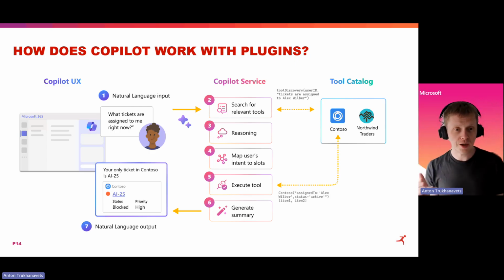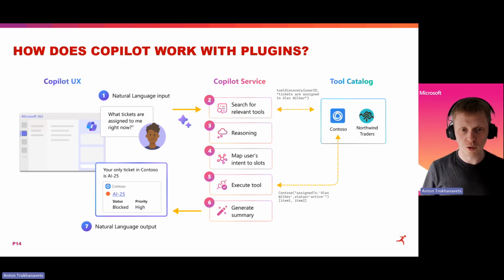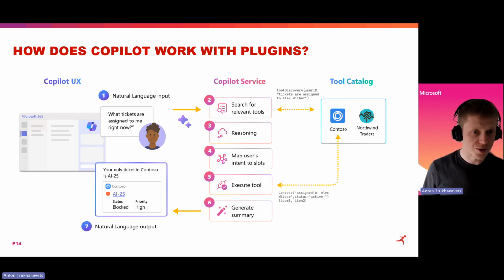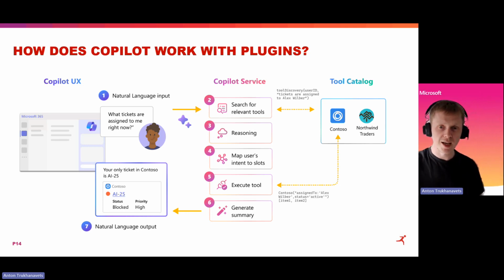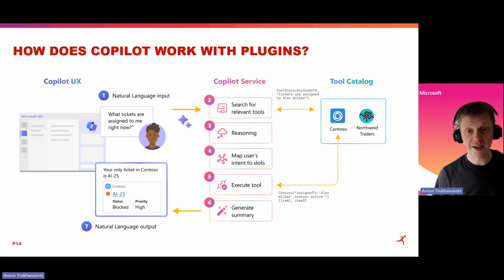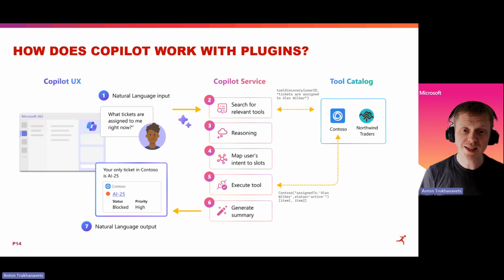But at this stage, I would like to pause just for a minute, literally, just to highlight how the process of how plugins actually work from your prompt. So when you are asking a question, for example, what tickets are assigned to me right now, it goes into the Copilot orchestrator engine. It searches for relevant tools, which means it does a search against all your plugins catalog and picks up the best one, the one matching your request the best.